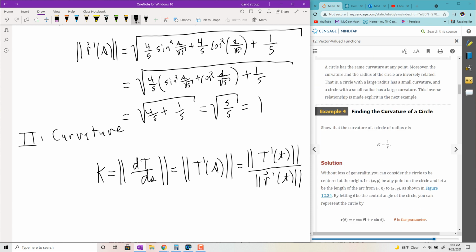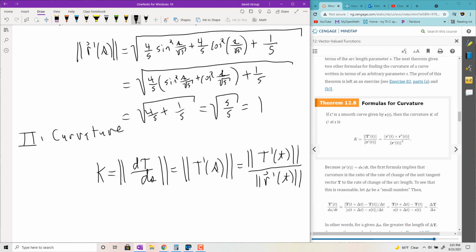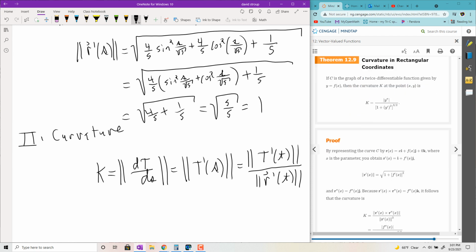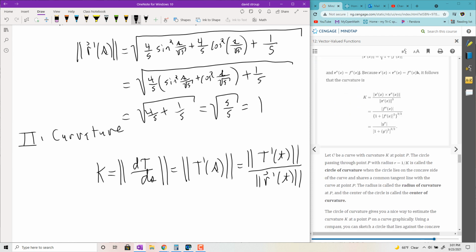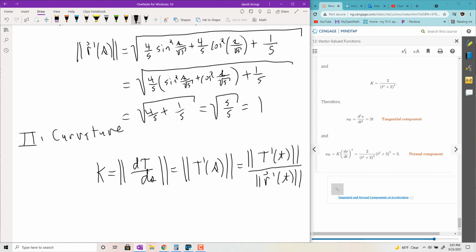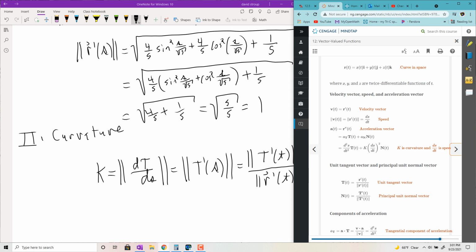I'll just leave it to the book at this point. There are some of them with cross products involved. You can also have them in terms of functions. These are the equations that I'm giving you on the formula sheet for the next test. Let's see if I can find where they are.